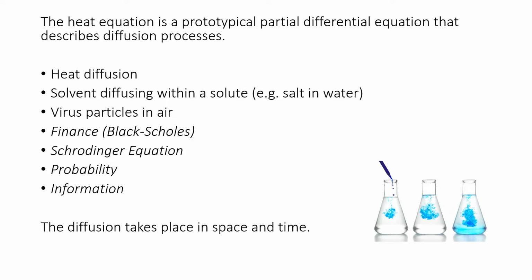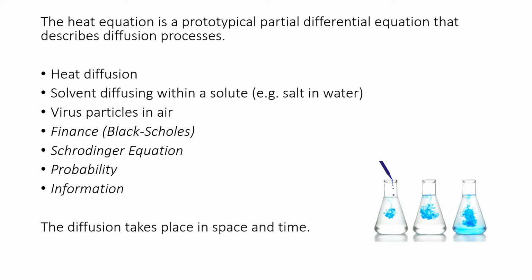For example, it describes the diffusion of solvent within a solute, such as, say, salt and water. If you cough, then you distribute various particles in the air, and their distribution in space and time can also be described by a diffusion process, akin to the heat equation.